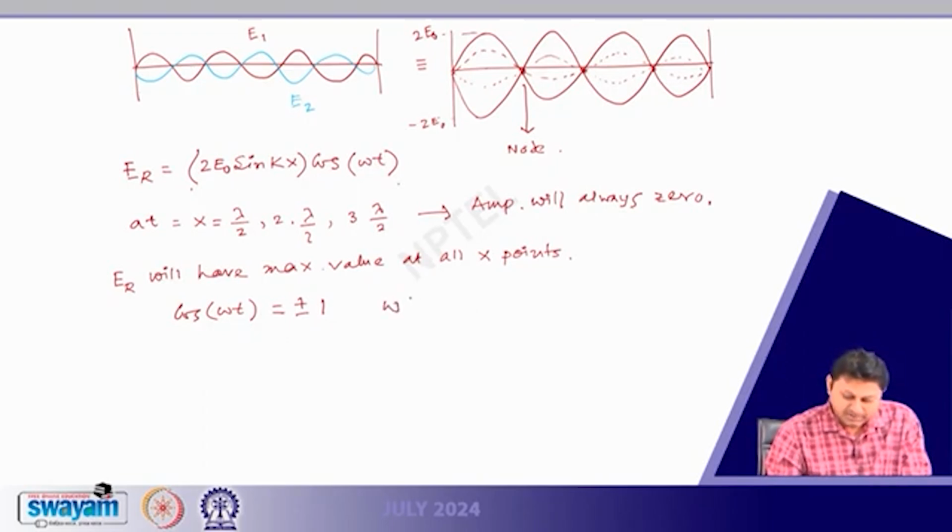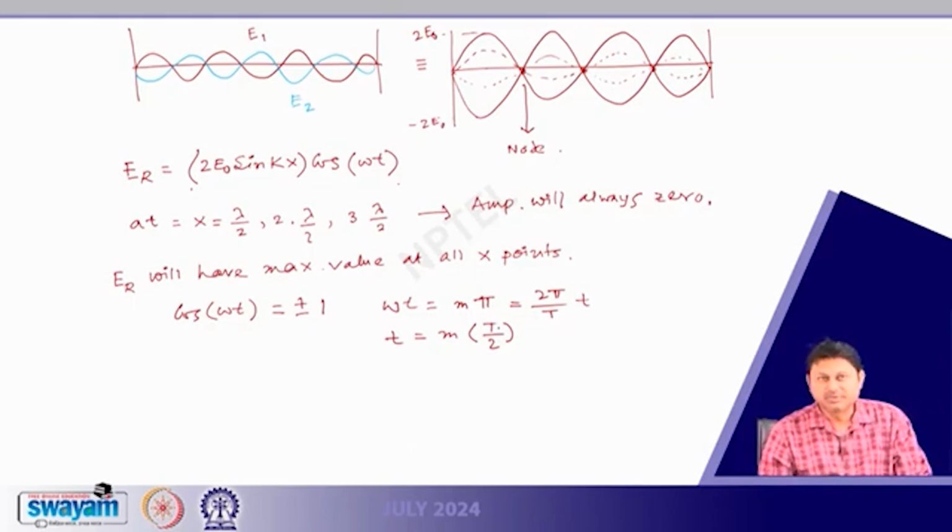So cos omega t equal to plus minus 1 means omega t will be m pi, and omega is 2 pi divided by T, so 2 pi divided by T multiplied by t equals m pi. So t will be m multiplied by T by 2. These are the times.